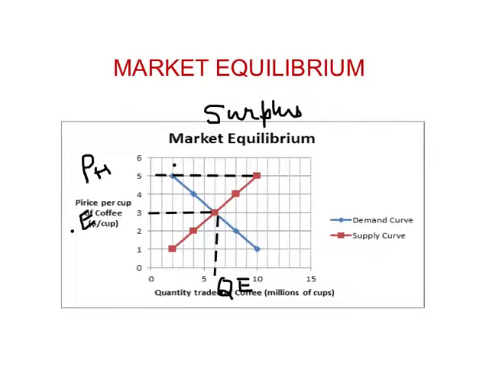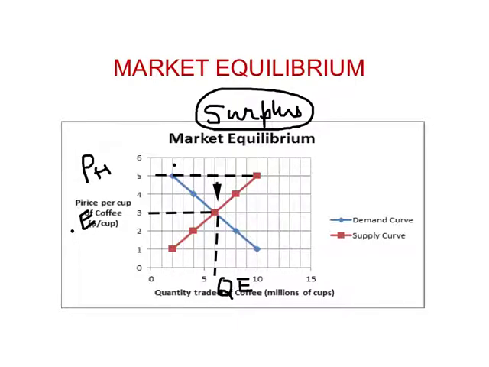Now, when we have a surplus or the supply exceeds demand, in such a case, there'll be a tendency for prices to fall. And if they're allowed to fall, what will happen? The demand will increase at a lower price, supply will fall at a lower price, and this will go on happening till we hit equilibrium. So whenever you have a surplus in the market, there'll be a tendency for prices to fall.